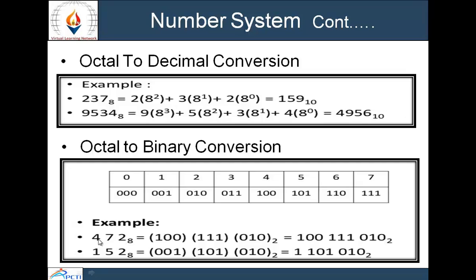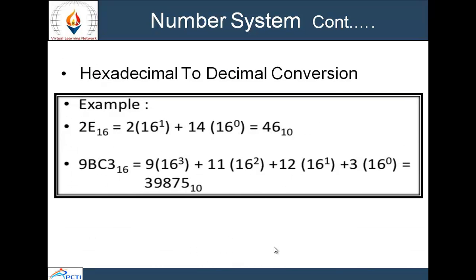For example, you can get 100 from this table, 100 for 4, 111 for 7 and 010 for 2. And by this way, you can get the binary number for the corresponding octal number.